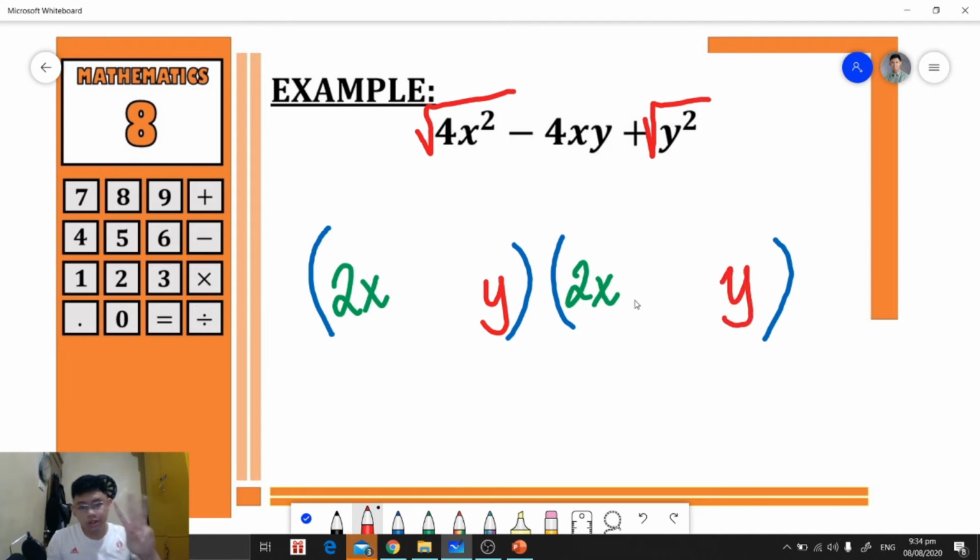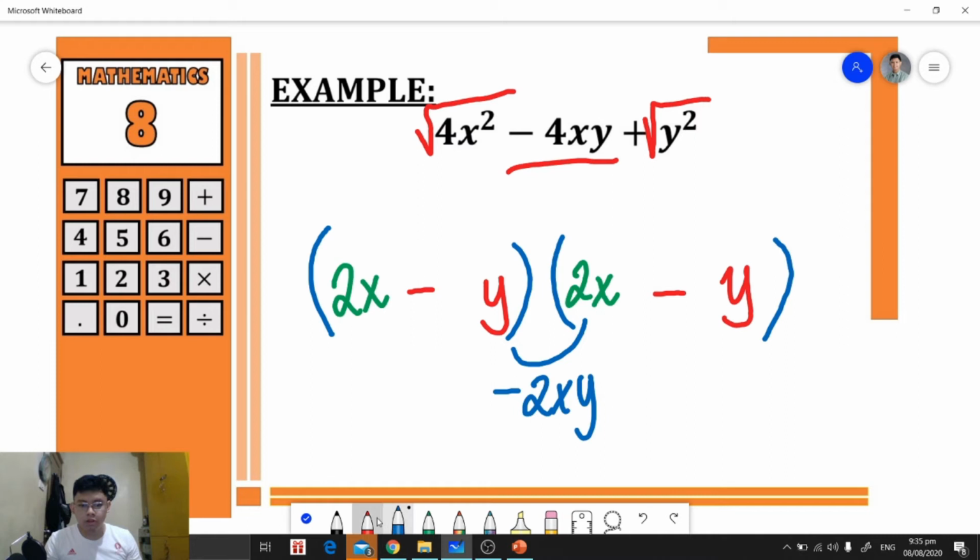Next is the third step. Look at the sign of your middle term. If the sign of the middle term is negative, then the operation that we're going to use for our groups will be subtraction. Now to check if our answer is correct, we will multiply the square roots of the first term and the last term. So 2x times negative y will be negative 2xy.